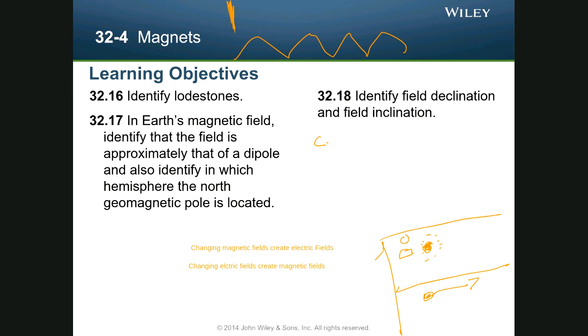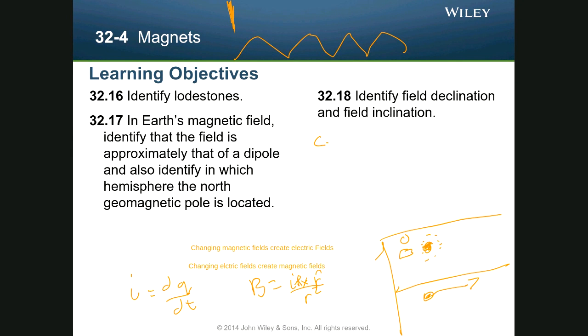If it has a velocity, then I is equal to dq/dt. And we know from the Biot-Savart law that B is equal to I L cross R hat over R squared.